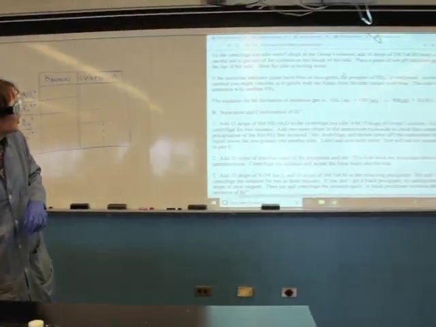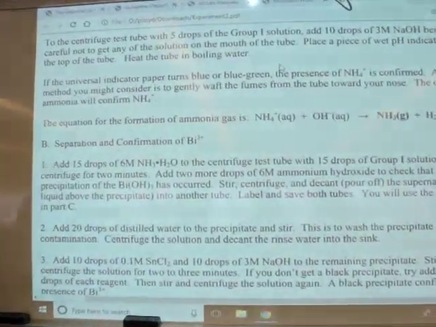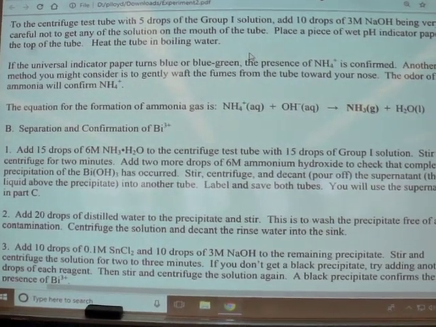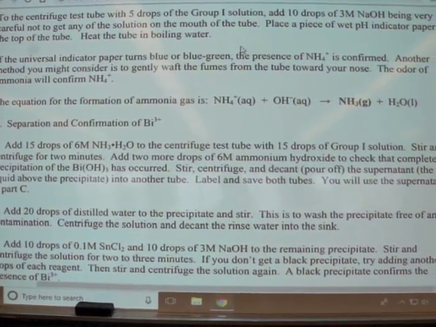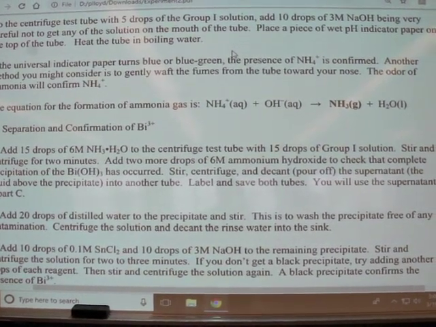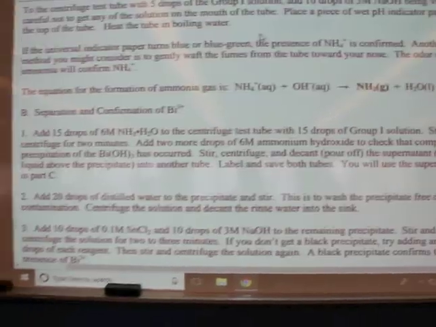So it says here, to the test tube that has 5 drops of the group 1 solution, you're going to add 10 drops of 3 molar sodium hydroxide, NaOH, being very careful not to get any of the solution on the mouth of the tube. And you're going to place a piece of wet pH indicator paper on the top of the tube and then heat the tube in boiling water.